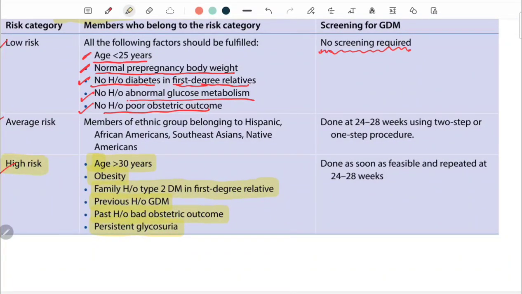So these are all high risk category. For high risk, the screening should be done as soon as feasible and repeated at 24 to 28 weeks.